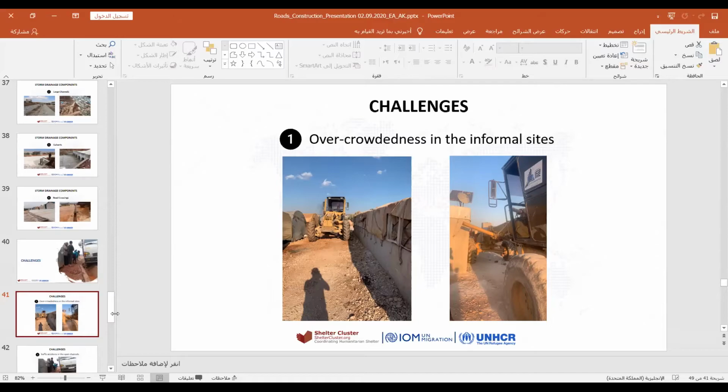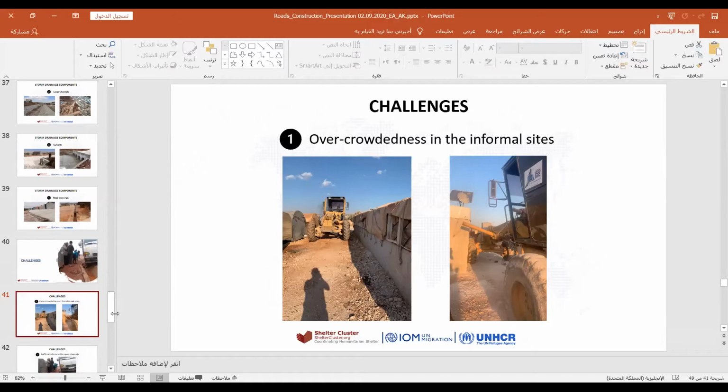Firstly, we have to ensure water drainage in this road, and we talked about this last time. Rain is the biggest enemy. Not rain, water is the biggest enemy sometimes of the roads, and we have to drain the water.